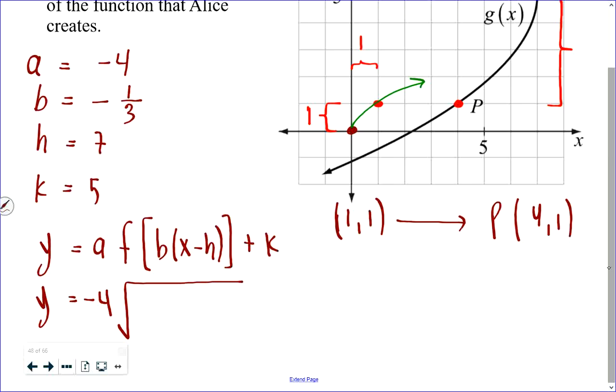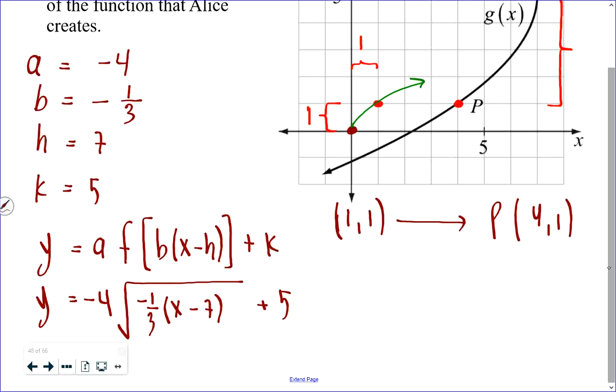We said f means the main function or operation in the function. And in this case, it's the square root. And then we have b, which is negative 1/3, x minus h, and then after the function operation, we have plus 7, plus 5. So that is the equation of the function of that graph.